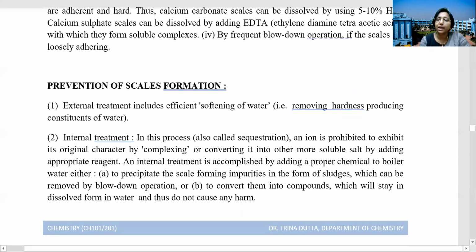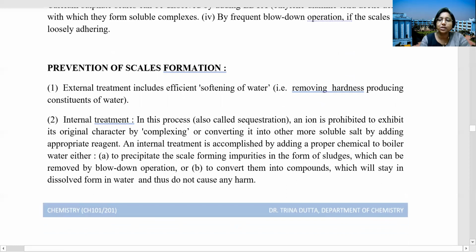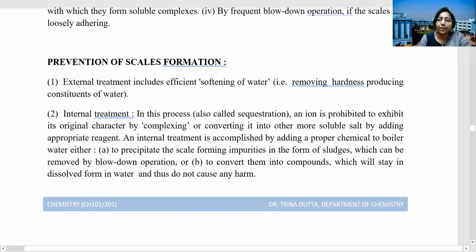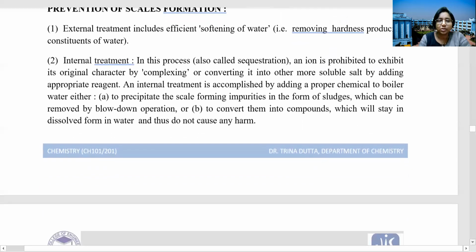For prevention of scale formation, the main part is softening of water. That means we should not use hard water in the boiler; we have to soften the water. In our chemistry lab we can determine how much hardness it contains, and accordingly we can apply the softening procedures.